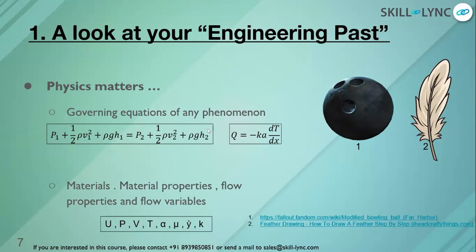Next, governing equations will have a lot of variables, and these variables can be flow variables, material properties, or flow properties. You need to understand all of these quantities as well, because your governing equations are built up of these quantities, and these quantities are how you relate to the physical phenomena that are happening.